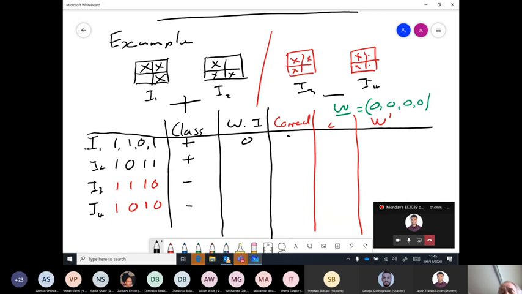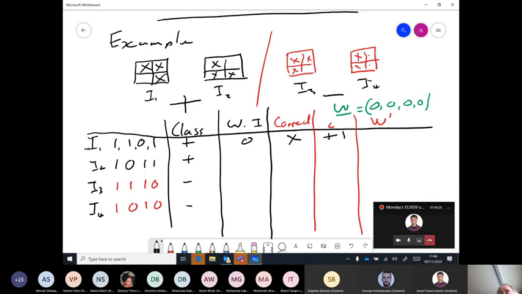Is it correct? No. We want it to be the positive class, so we want to move the system more towards the positive response. C will therefore be +1.